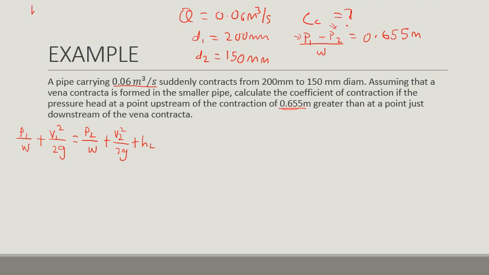And the head loss due to contraction will be equal to, from the formula that we've just proven, V2 square over 2g into bracket 1 over Cc minus 1, squared. Yes, minus 1. So we can just input it into our equation, and that will become V2 square over 2g into bracket 1 over Cc minus 1.